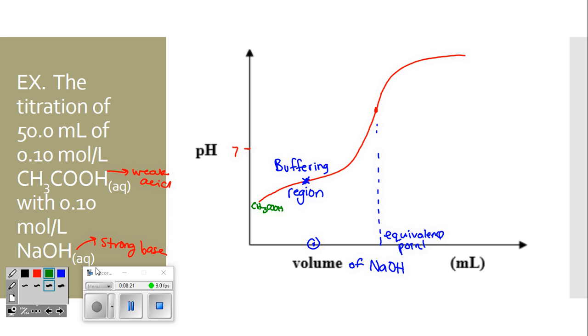As it reacts, eventually I know that when I get to my end point, I should have its conjugate and water. But when I'm not all the way there, not all of it has reacted. When I'm in this buffering region, only about half of that acid is reacted.